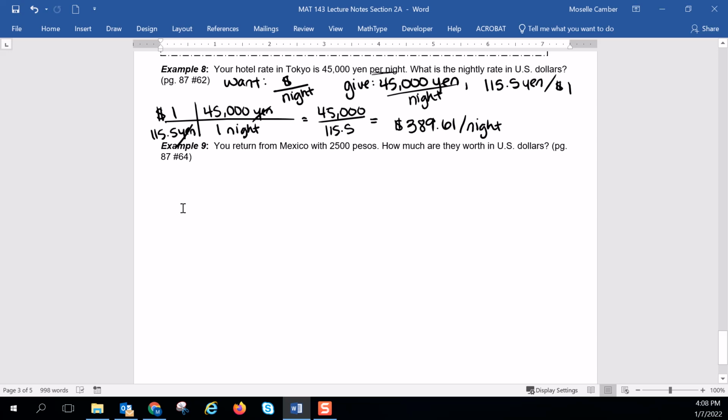Okay. Now let's say we're returning from Mexico. And we have 2,500 pesos left of everything that I spent. Now I'm going to exchange it back into US dollars. So how much are they worth in US dollars? All they want is dollars. There's nothing else they're asking for.